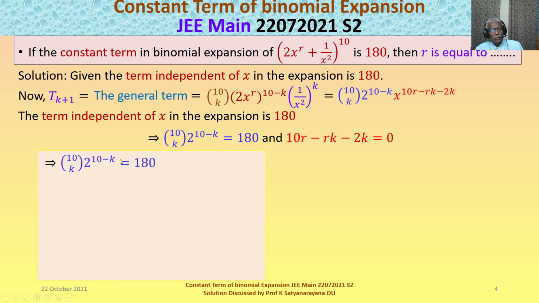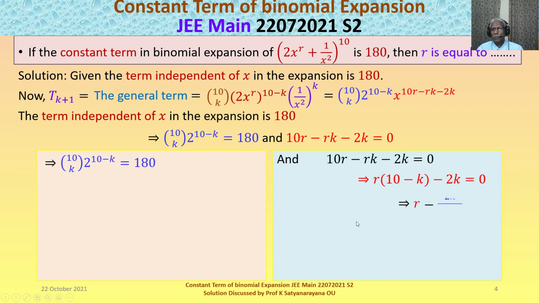The first one gives the values of k, but we want r. So let's look at the second: 10r - rk - 2k = 0. So r(10 - k) = 2k, which implies r = 2k/(10 - k). So if I know the value of k, r will be obtained.